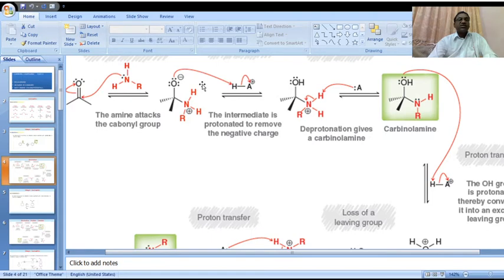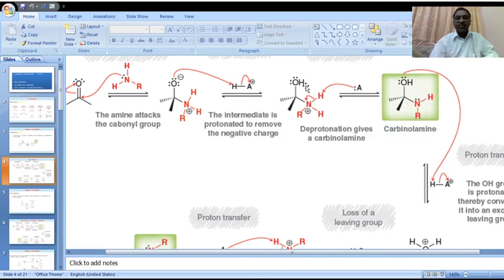The intermediate is protonated to remove the negative charge on oxygen. In this tetrahedral intermediate, the oxygen atom contains a negative charge. This negative charge is removed by abstraction of hydrogen from the acid; it is converted into a hydroxy functional group.